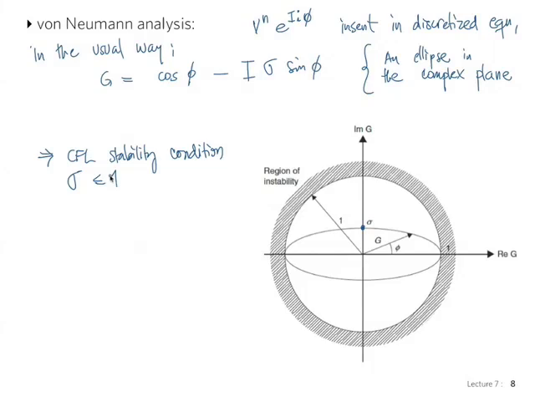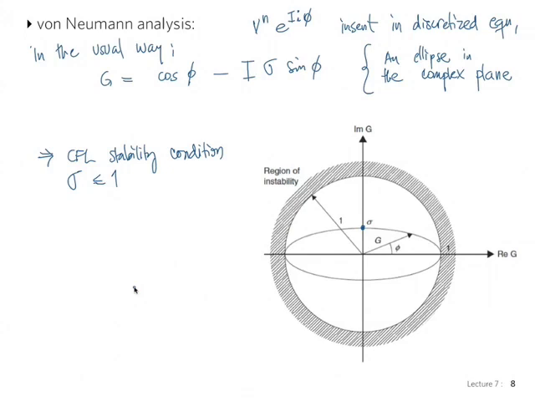Let's put less or equal. Basically, we want that ellipse to be inside the stability circle, and that ensures that the scheme is going to be stable. So as before, all we have to do is ensure a relationship between delta x and delta t for stability.